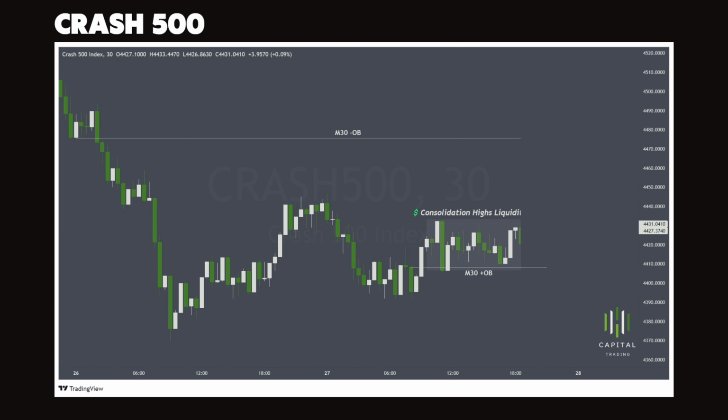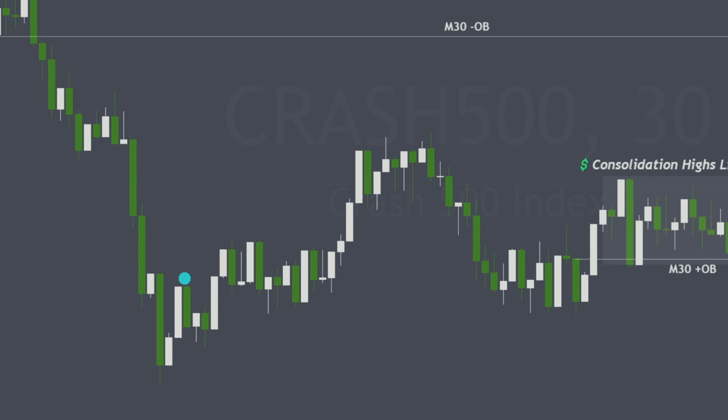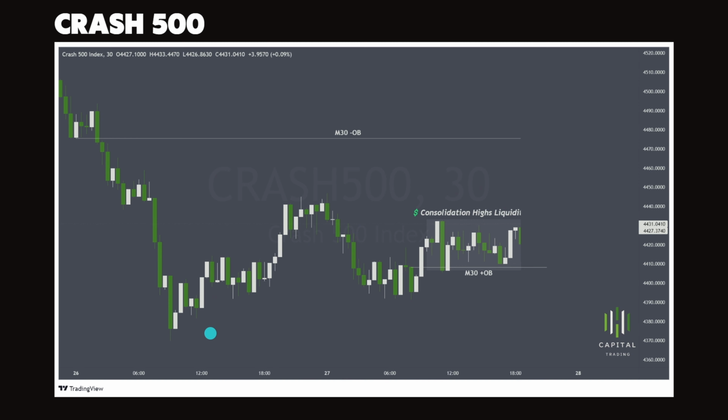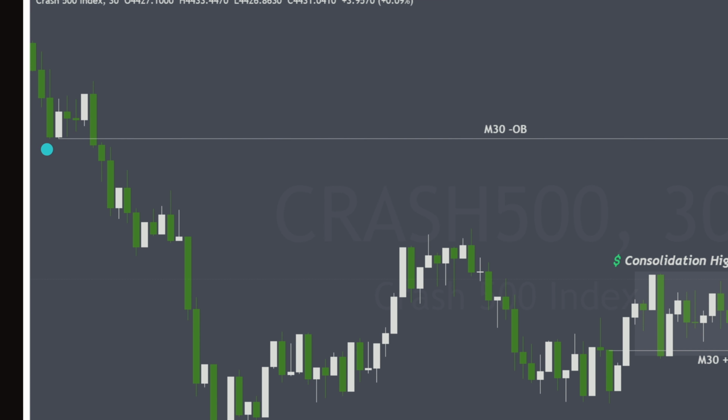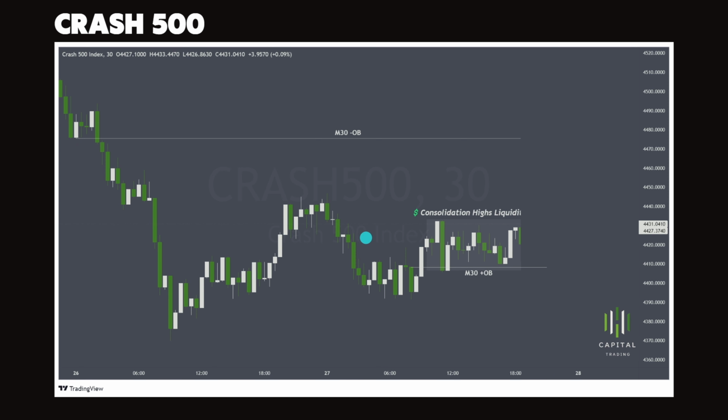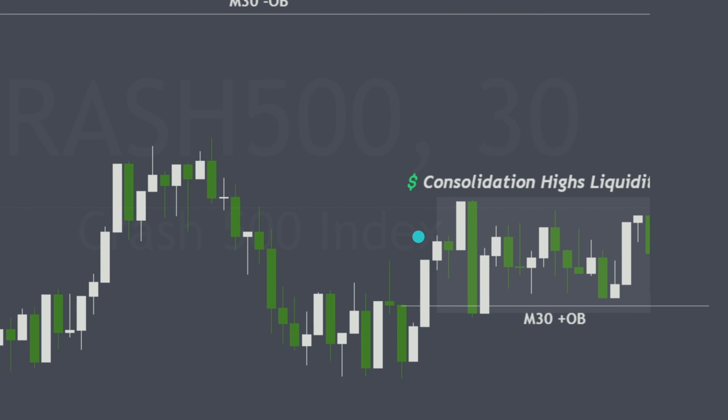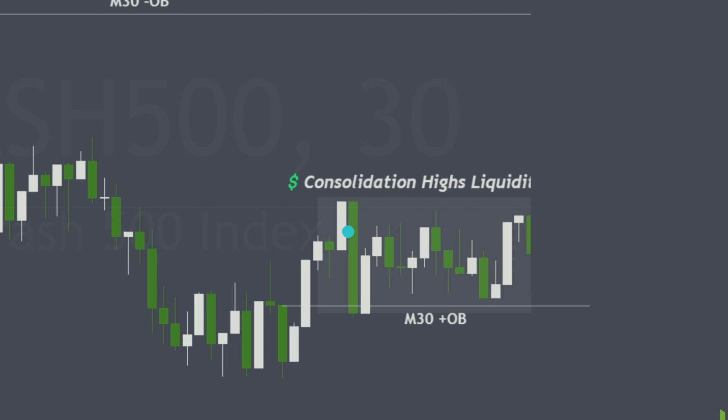Jump into Crash 500. For crash, we had price dropping. As it was dropping, we had this last up close candle, which was the bearish order block. So you want to see if price is going to break this consolidation where we had this high and this low being formed and price moving sideways.